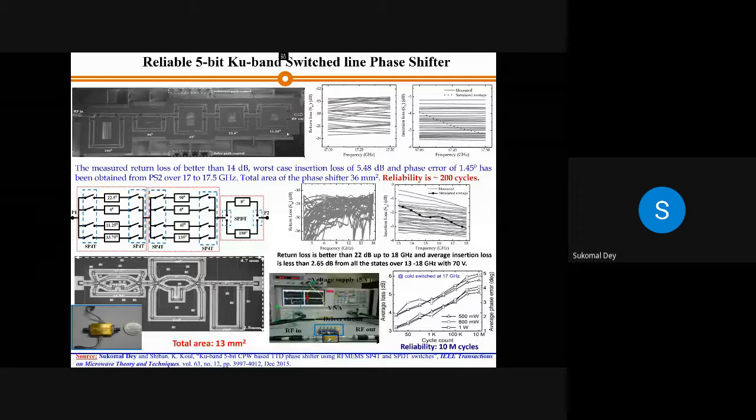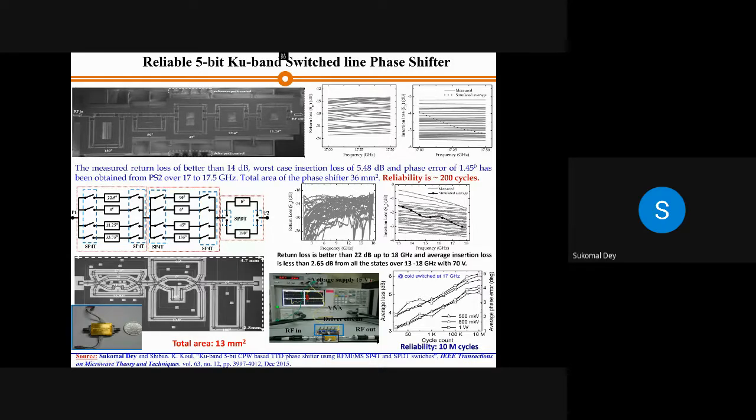If you take the 11.25 arm here, you can see four switches. One is an SPDT switch on the leftmost side, and one is again an SPDT switch on the rightmost side. In the upper arm, you can see all the black spots. Those are the switches. So the bits are 11.25, 22.5, 45, 90, 180 degrees.